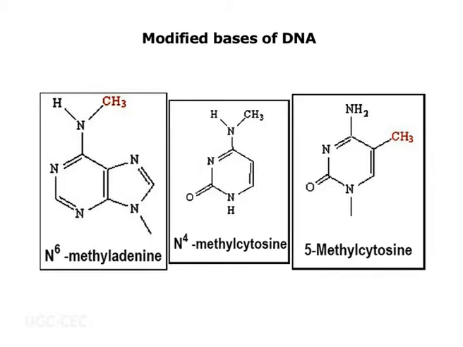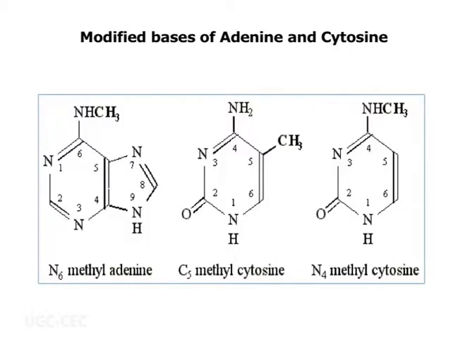So as we can see, since there is a transfer of a methyl group, there is a change in the structure of bases, and hence the bases become modified. We know in DNA there are 4 bases: adenine, thymine, guanine and cytosine. But out of the 4, only 2, namely adenine and cytosine, are capable of accepting the methyl group, and hence they become modified. Let's see the structure of these modified bases.